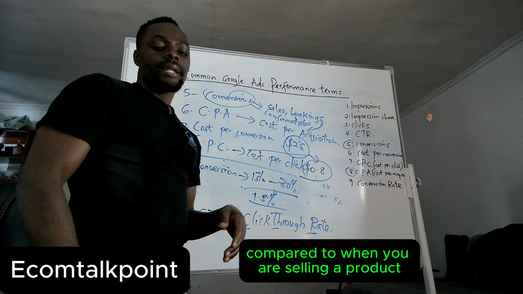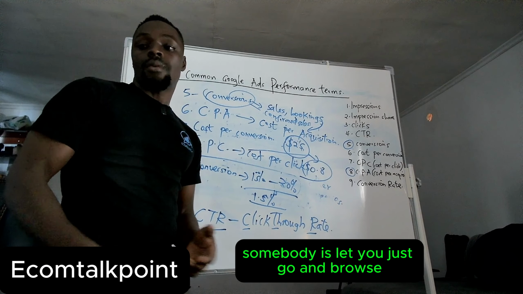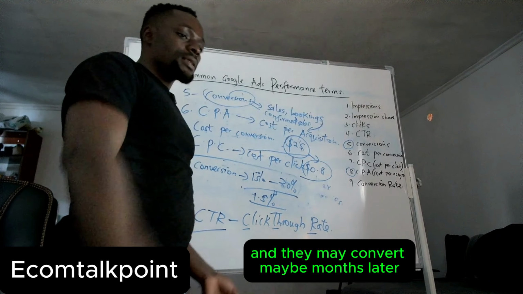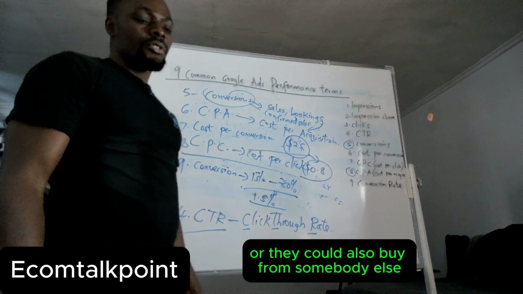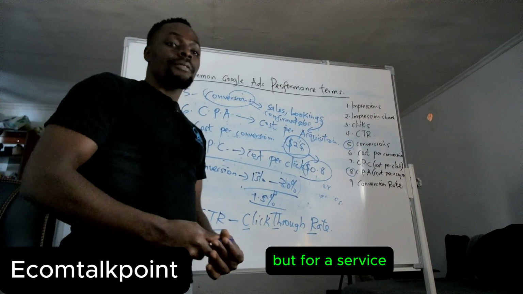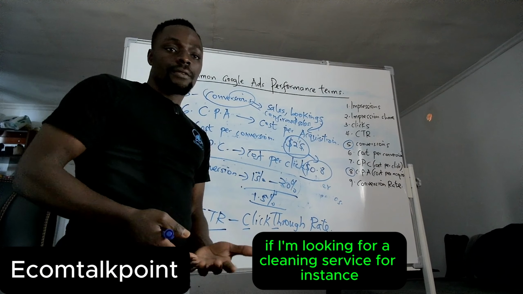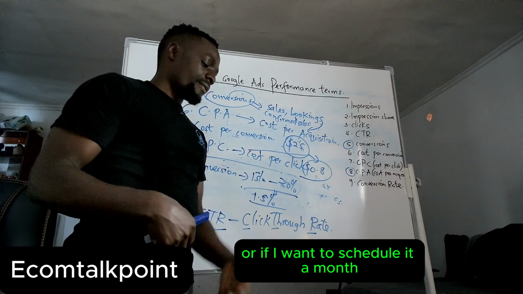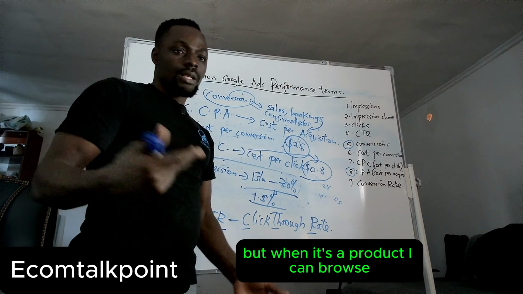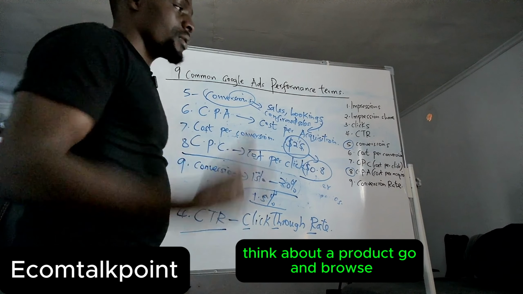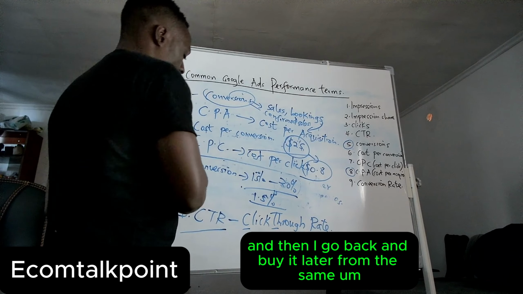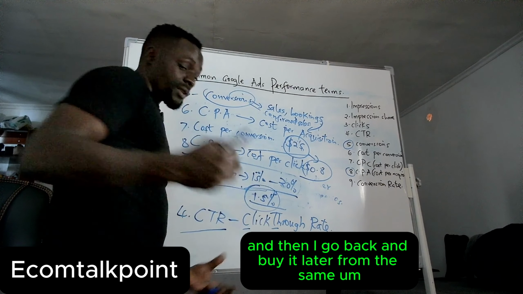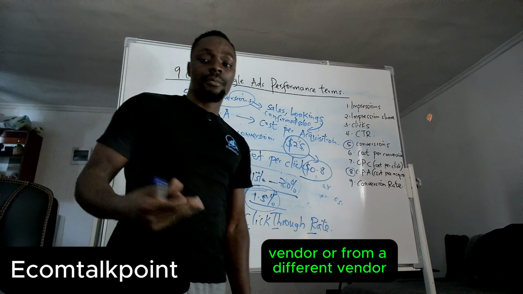Compared to when you are selling a product, somebody may just go and browse, and they may convert maybe months later, or they could also buy from somebody else. But for a service, if I'm looking for a cleaning service, for instance, I am only likely to go look for it whenever I need it or if I want to schedule it a month ahead. But when it's a product, I can browse, think about it, and then I go back and buy it later from the same vendor or from a different vendor.